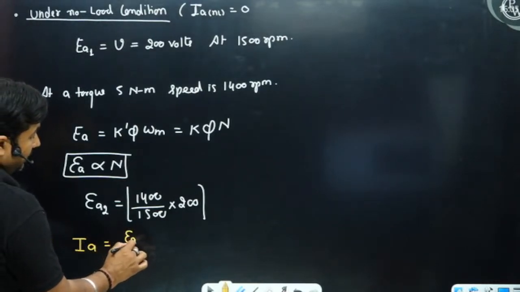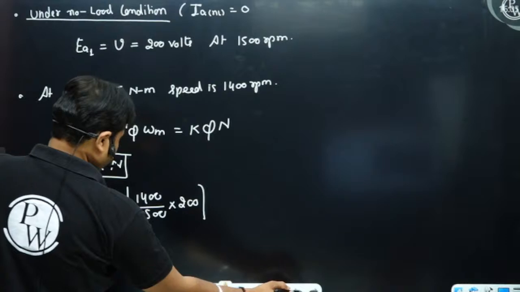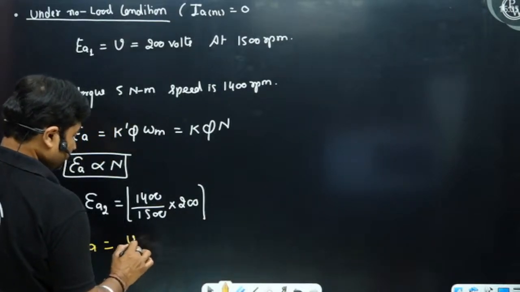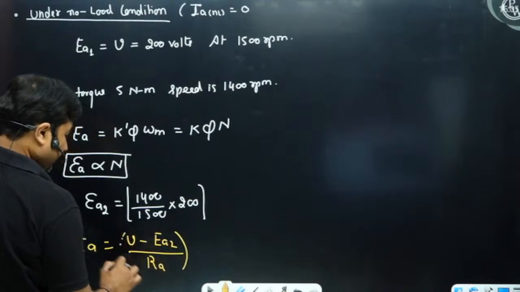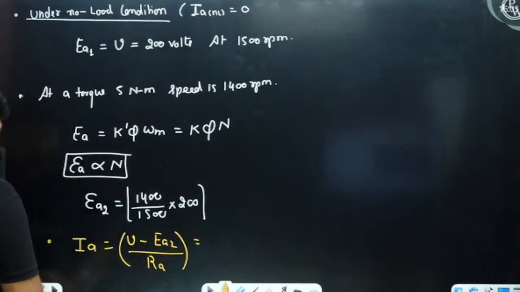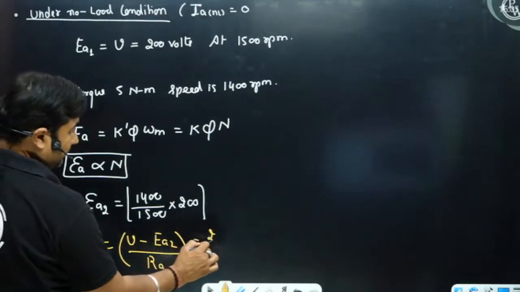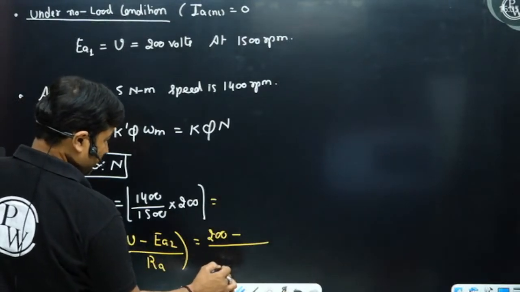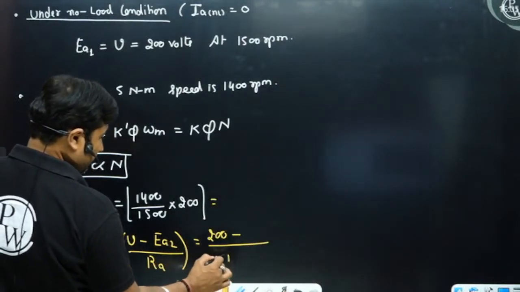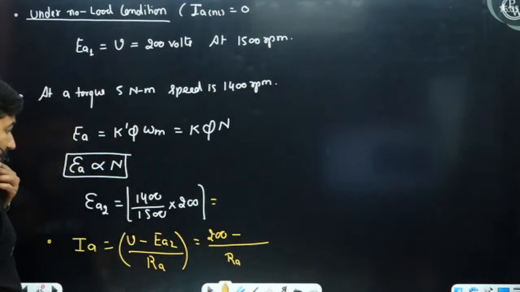IA will become V minus EA2 by RA. So 200 minus whatever value is coming here, by RA. But we don't have RA.